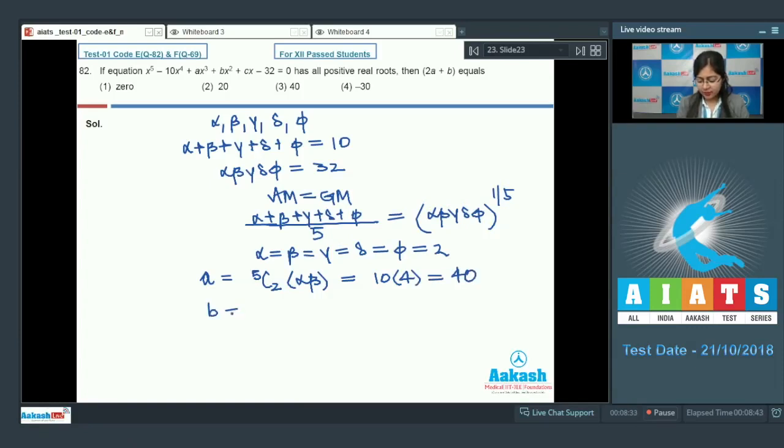Similarly, value of b will be equal to minus of taking product of 3 at a time, that is 5C3 into alpha beta gamma, which will be equal to minus of 10 into alpha beta gamma will be equal to 8, which will be equal to minus 80. Now the value of 2a plus b will be equal to 80 minus 80, which will be equal to 0. So the correct answer is option number 1.